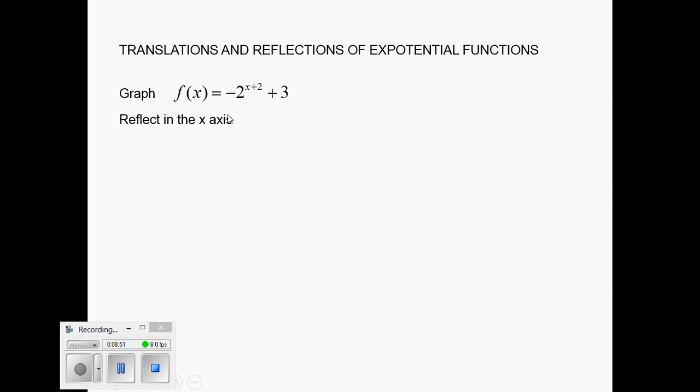So again, let's look at these things. We've got it reflected in the x-axis as indicated by the negative here. We've got a shift 2 units to the left as indicated by the plus 2, x being replaced with x plus 2. And we've got a shift 3 units upward, brought to you by this, which we saw as a D slider on the Desmos.